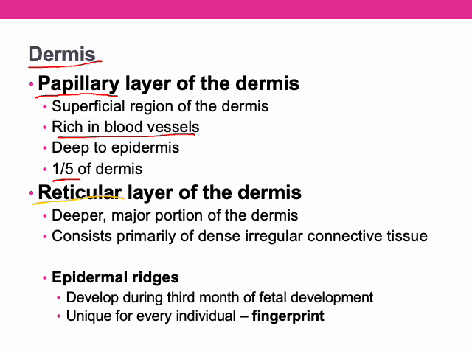Next, we'll be talking about the epidermal ridges, and those develop in utero. They are basically the dermis and the epidermis coming together in a puzzle fashion, and they develop what is known as fingerprints. So fingerprints develop in utero.